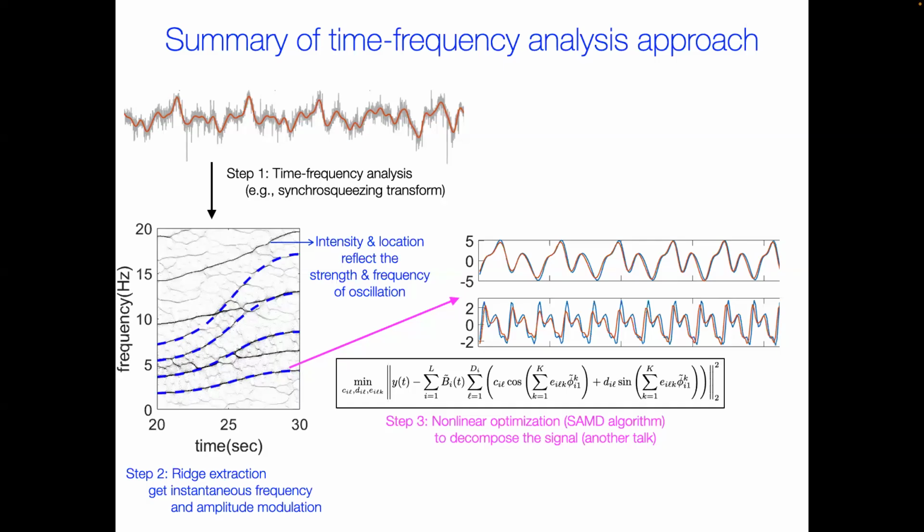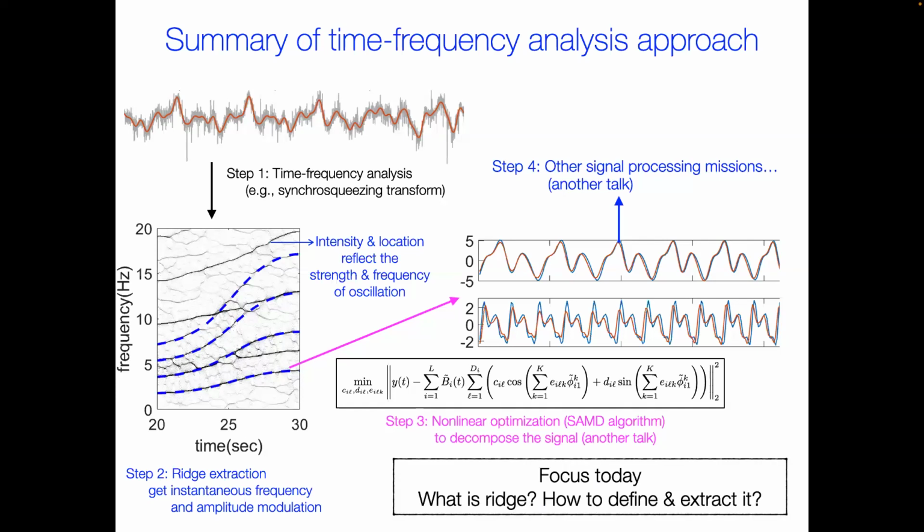The blue curves are what I recover from the noisy signal. Once you get the reconstruction, you can continue to other signal processing goals, like I mentioned: understanding the dynamics, forecasting, uncertainty quantification, etc. And the focus is again what a ridge is, and how to define and extract it. That's the overall goal.